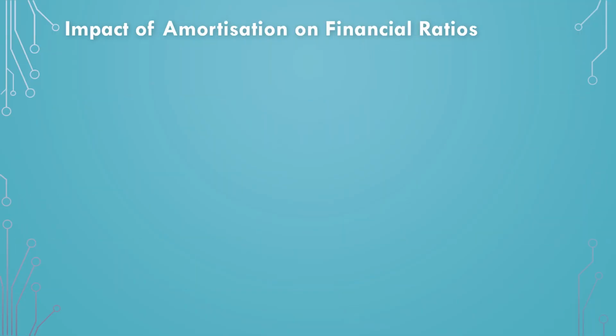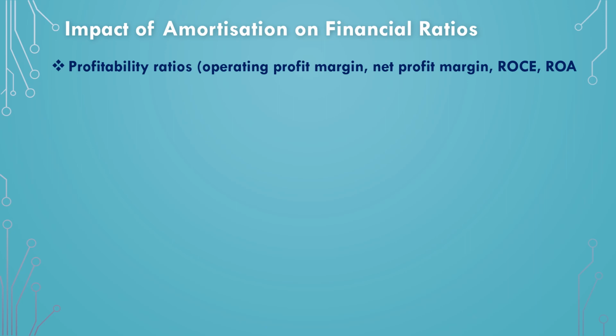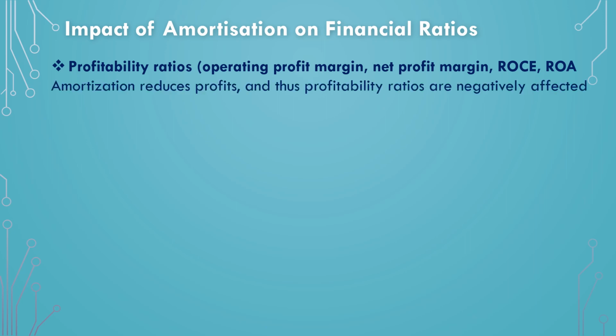Let's look at the impact of amortization on financial ratios. Firstly, profitability ratios. Amortization reduces profit, and as a result, profitability ratios are negatively affected by the amortization.